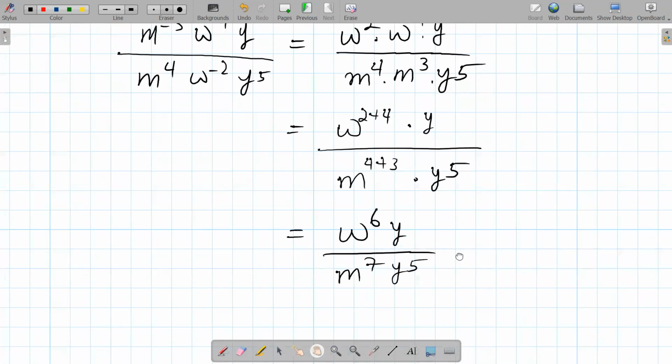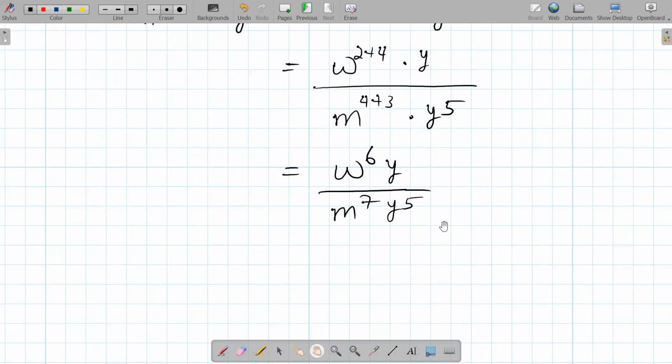But wait, I'm not done yet, because I see a letter in the numerator which is the same letter I see in the denominator. So here I need to also completely simplify this. And because this is rational, it's like a fraction. We have a numerator and denominator. It means that this serves as what we call a quotient. So we're going to use the quotient rule here.